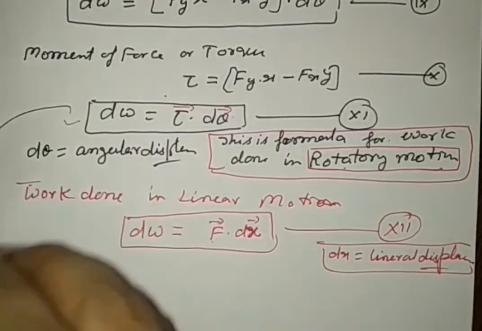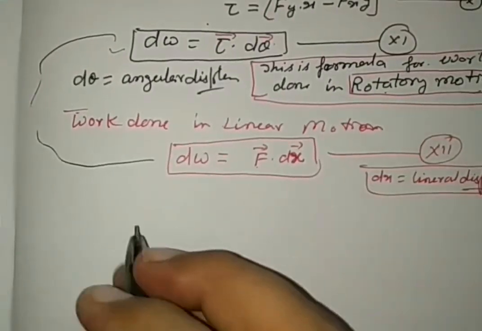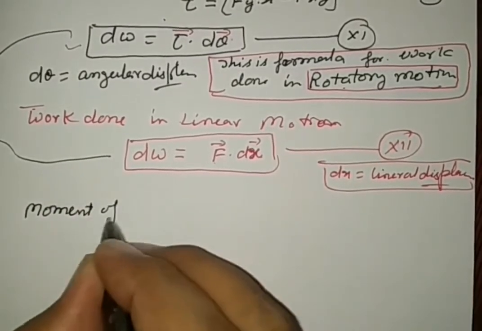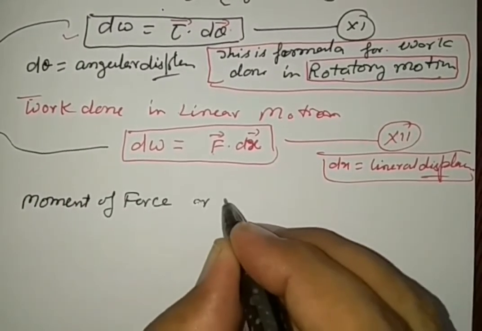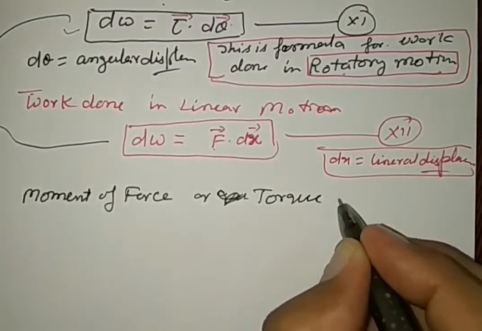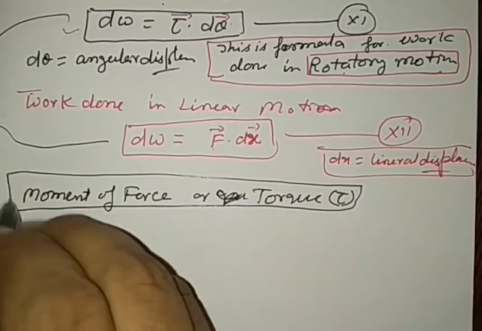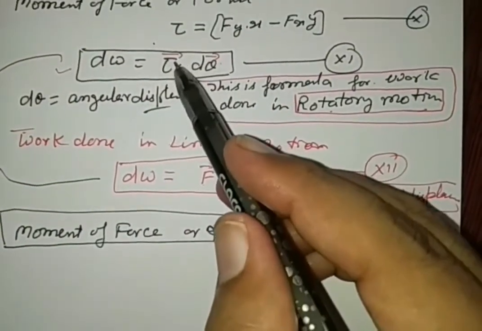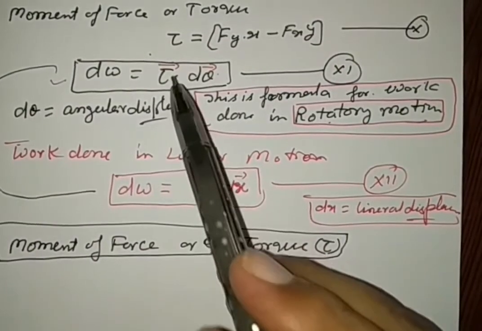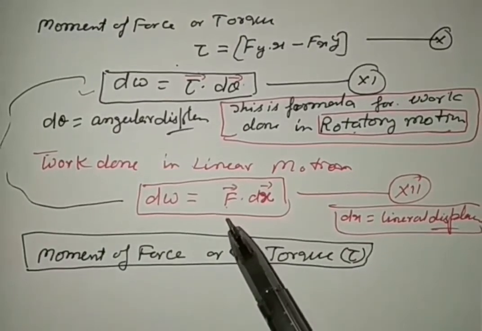But see, what is the physics we are going to obtain in this? Moment of force or torque, tau, is similar to F. The role of torque in rotatory motion is the same as the role of force in linear motion.